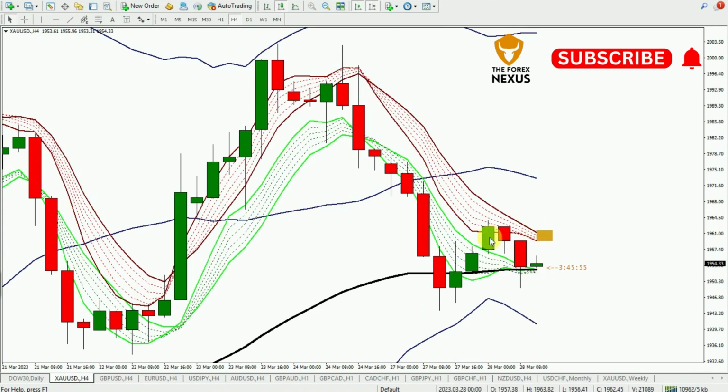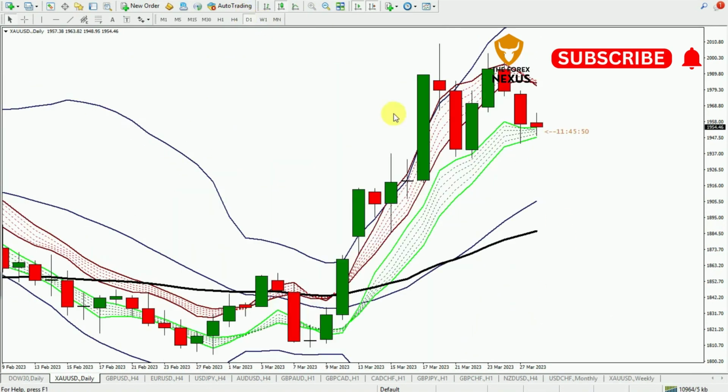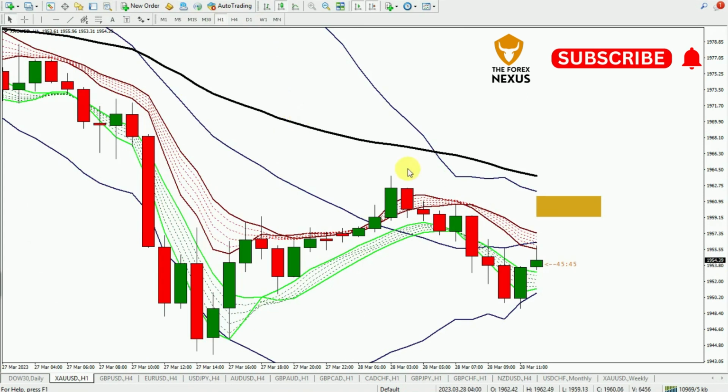So we have both scenarios today, both possibilities. The market can drop as well and also can go up, but depending on this point, because it can't drop without testing that zone.